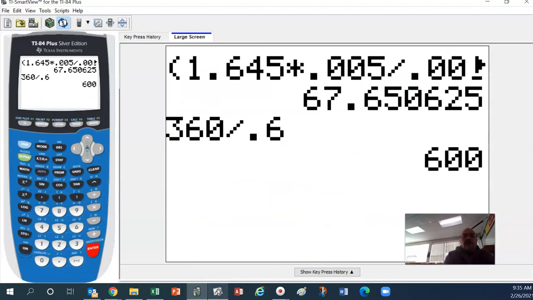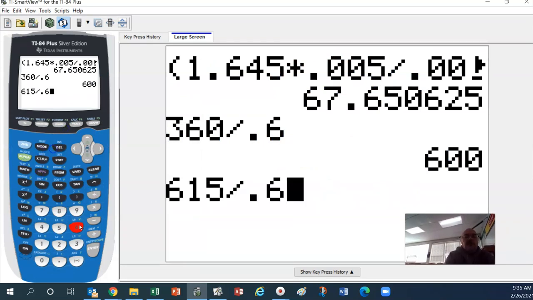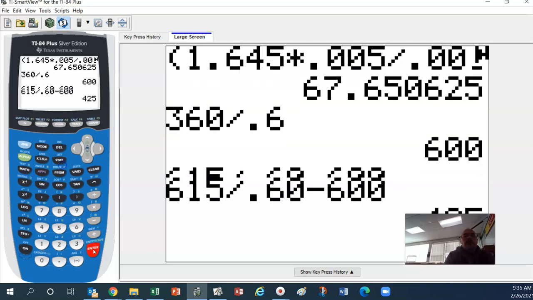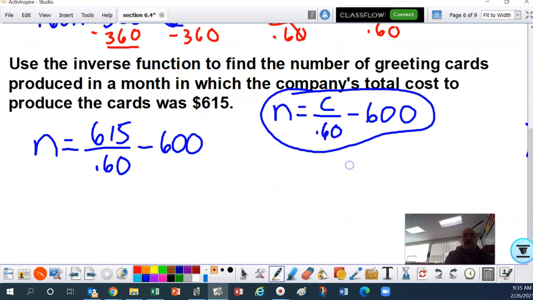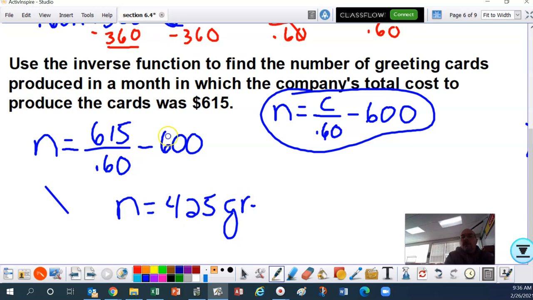And let's see, if we take the 615 divided by 0.60 and then minus 600, 425 greeting cards. That's how many were produced.